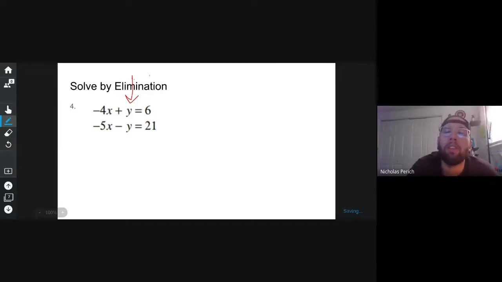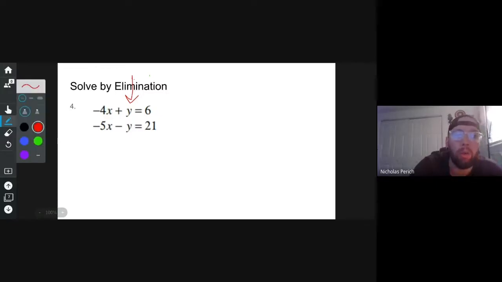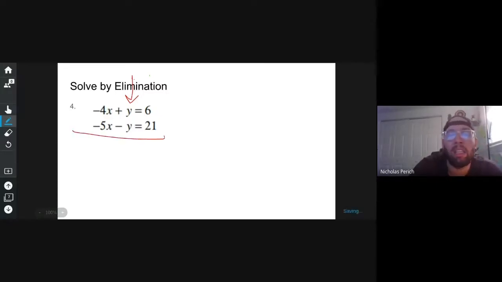Okay, so the first thing I had to do is make sure everything lined up, and it did. Then the second thing is to find a variable whose coefficient is the same but opposite. One y has a plus, the other y has a minus. Now I add the equations. Negative 4x plus negative 5x is negative 9x.